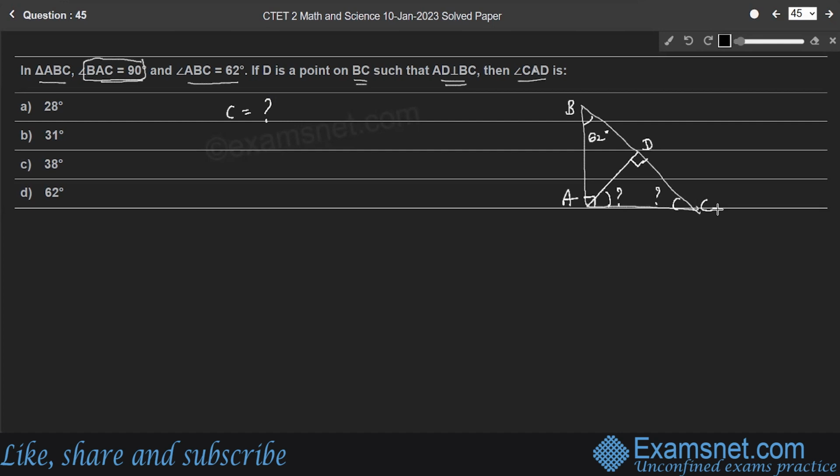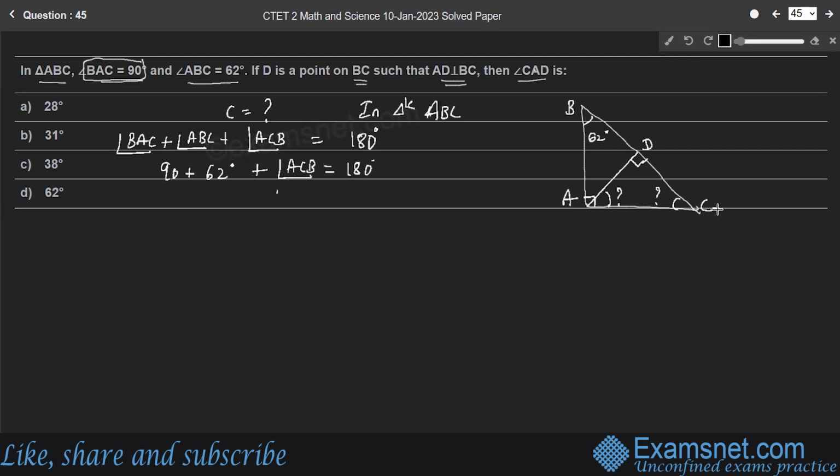So here angle BAC plus angle ABC plus angle ACB in triangle ABC. The sum of the three interior angles in a triangle is 180 degrees. Therefore, BAC is already given as 90 and ABC is 62 degrees, plus ACB is 180.